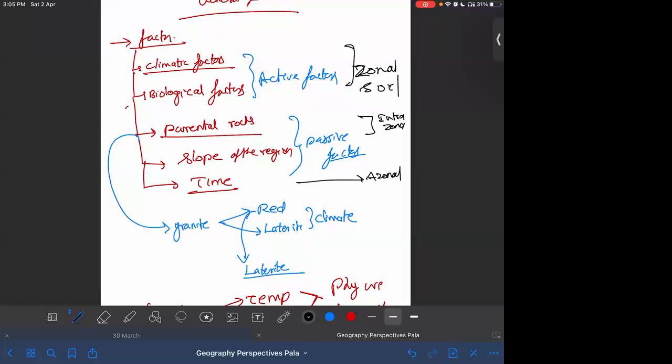For example, the type and rate of weathering is determined by the climate found in the region.